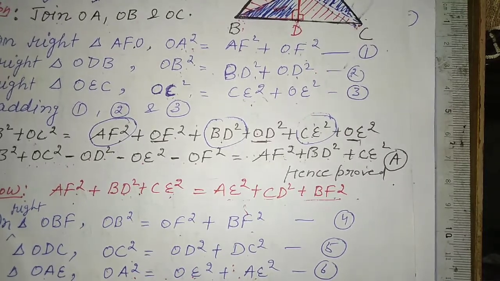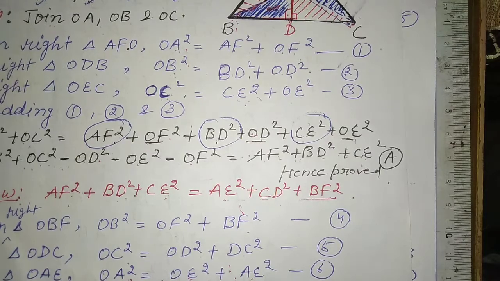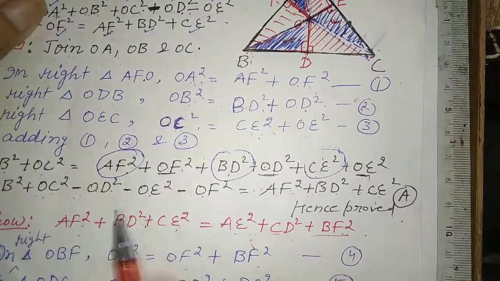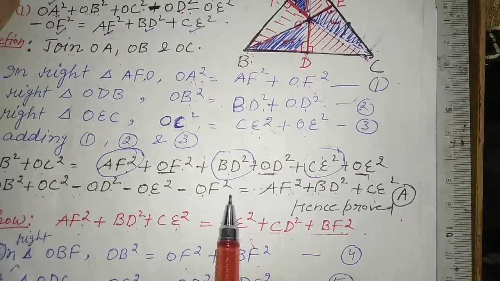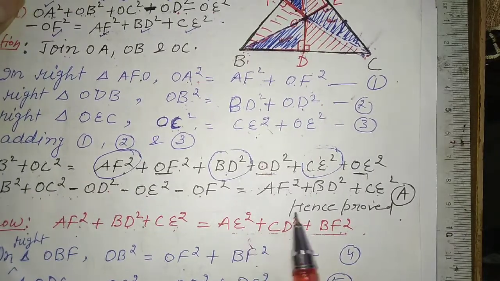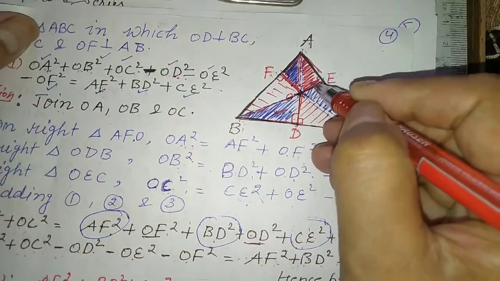Similarly to what we did in the first part, now with different triangles we will apply the same method. In the first part we took AF square, BD square plus CE square, which is equal to this one. So we will solve the right side part, AE. Where is AE? AE is here. So we will choose this triangle.